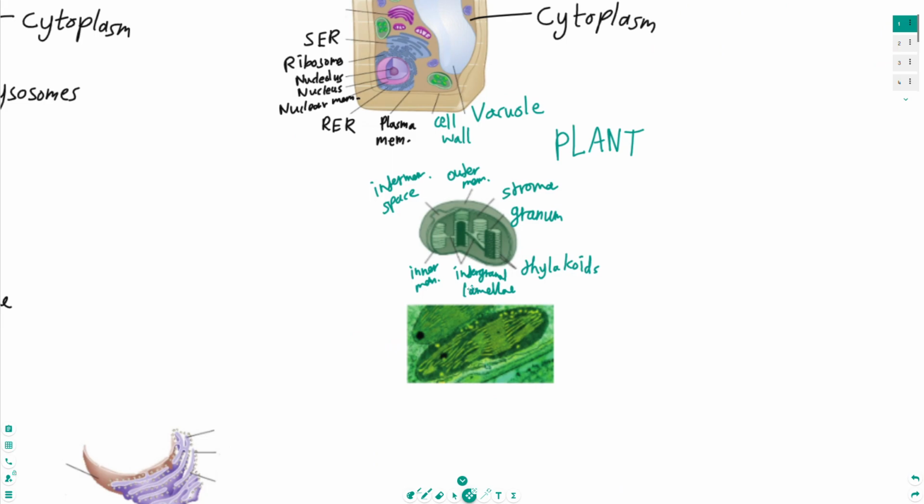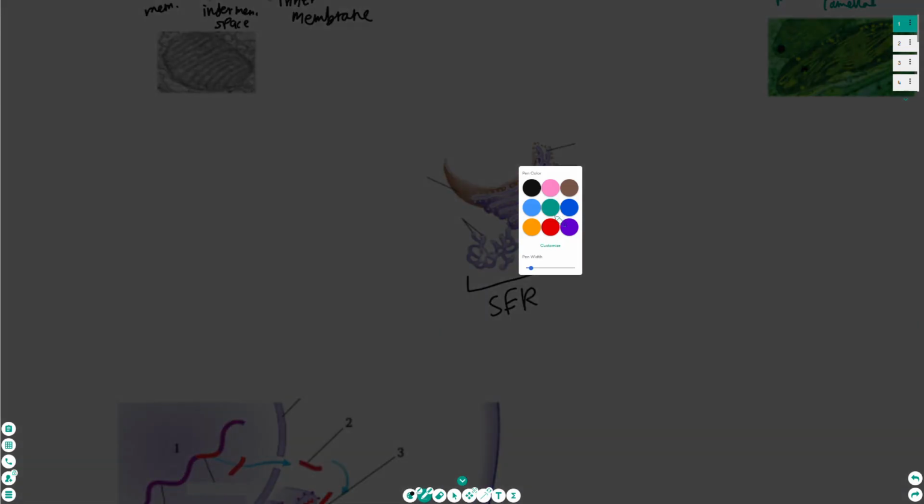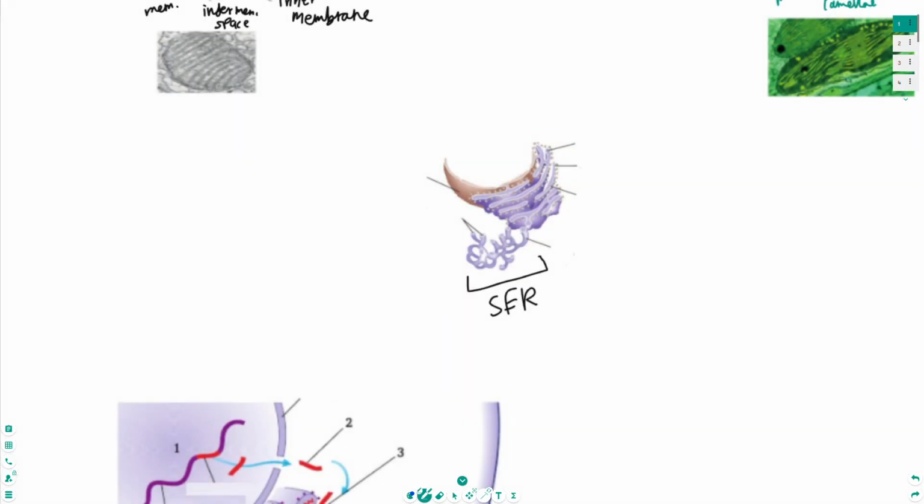And we also have endoplasmic reticulum, which I'm not going to go into, but there's more here. But I will show you some of the key parts. So this bit is smooth ER, and then this bit here is known as rough ER.